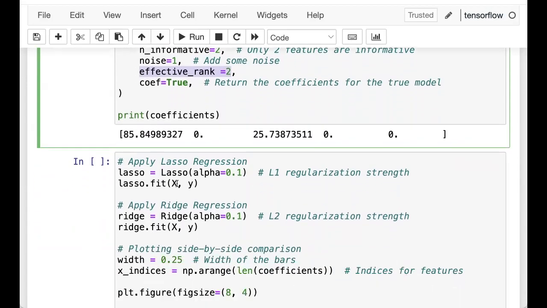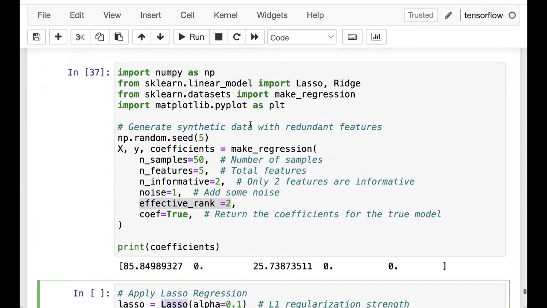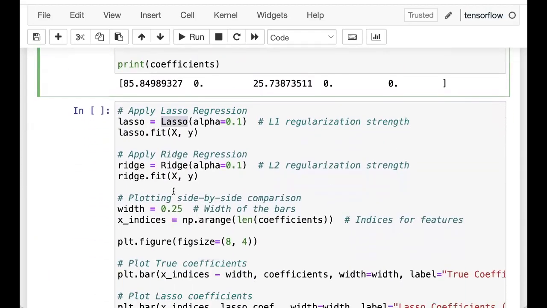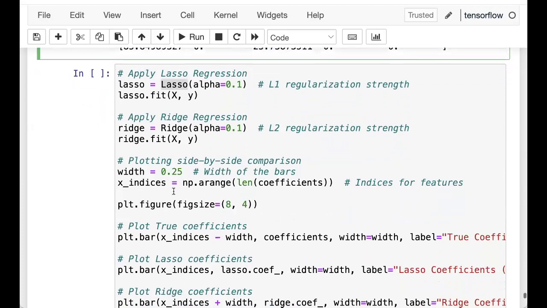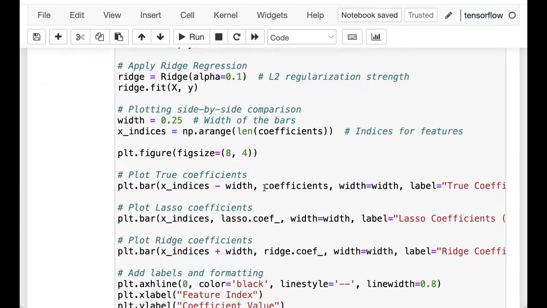Next, what I do, I use the Lasso regularization or Lasso regression. That's also part of linear_model, both Lasso and Ridge. And we do model fitting. And once we're done with this step, we can look at the coefficients of the true model.